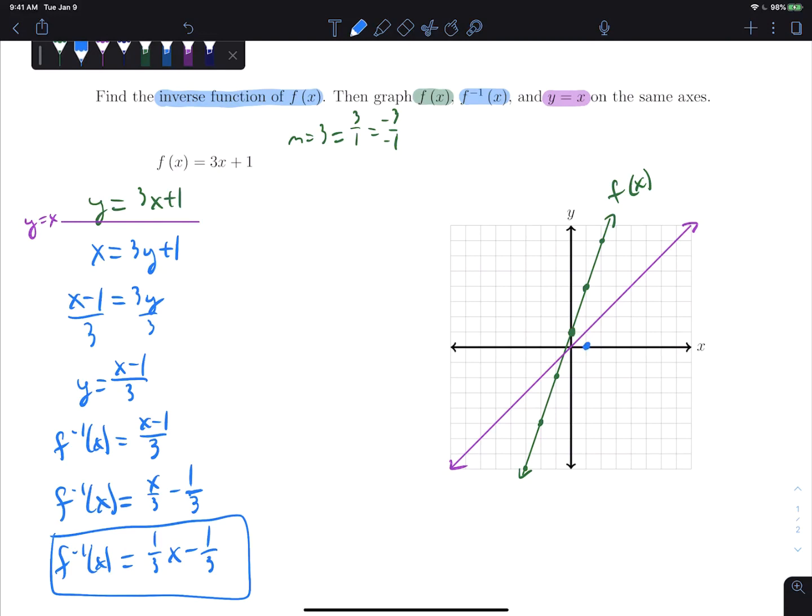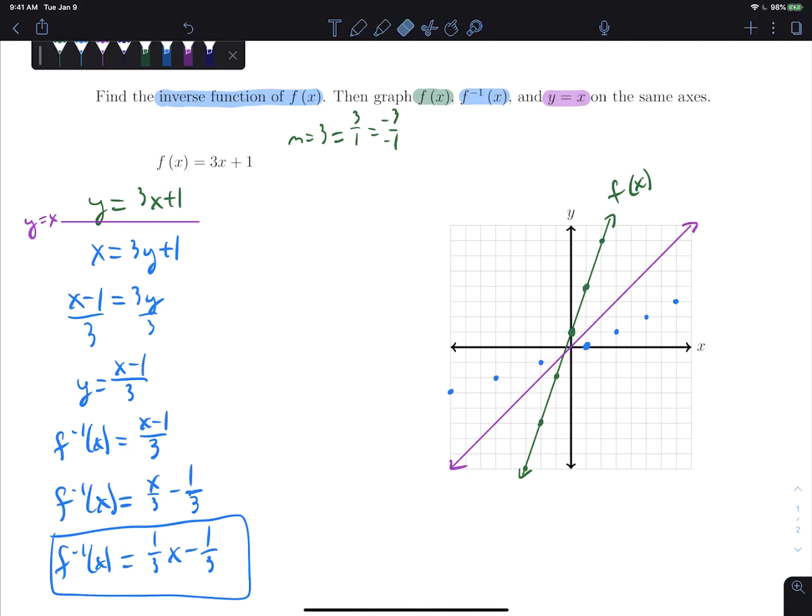Good. And as long as we have one point here, we can find all of the points because 1/3 is the slope. So it can go up 1, right 3, up 1, right 3, or down 1, left 3, down 1, left 3. And notice that all these points are going to be the inverses of these.